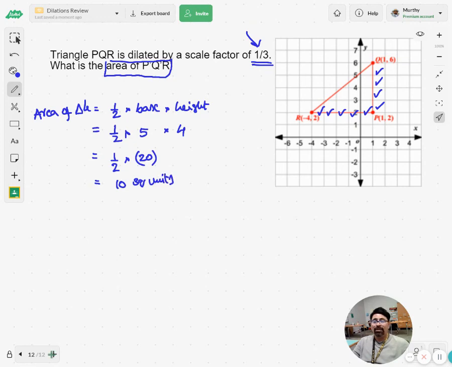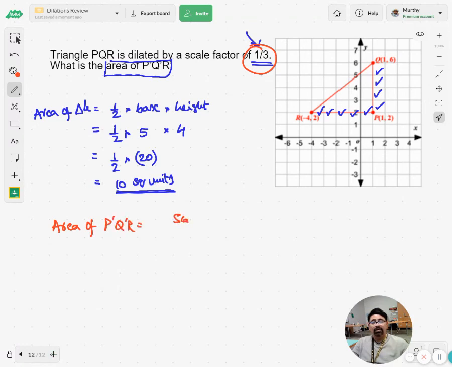So this is not the answer. You may be tricked. If you are given multiple choice questions, especially when you see that option A may be 10 units. But here it is dilated. So triangle PQR is dilated, and you are asked to find the area of P prime, Q prime, R prime.